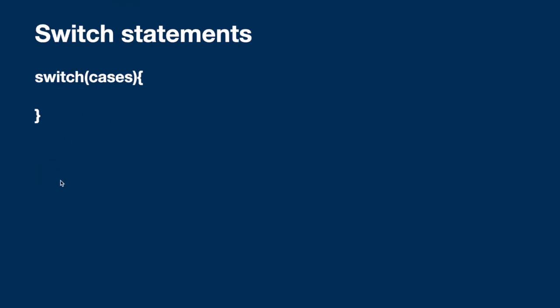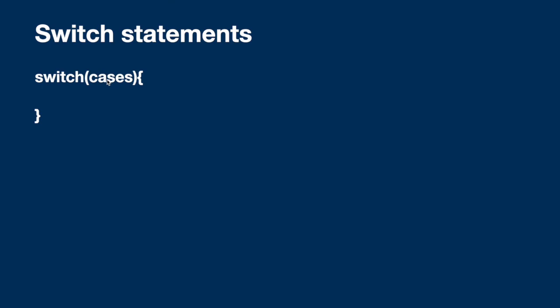Okay, and the other control statement in Java is the switch statement. As the word indicates, it starts with the word switch. It will be followed by parentheses inside which we have cases or scenarios. These scenarios are usually whole numbers, integer variables or character variables.